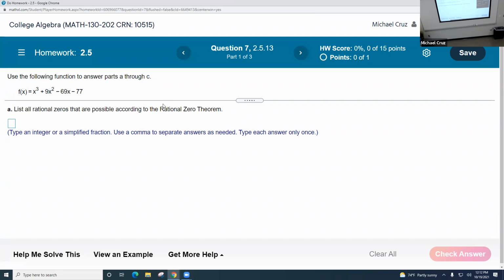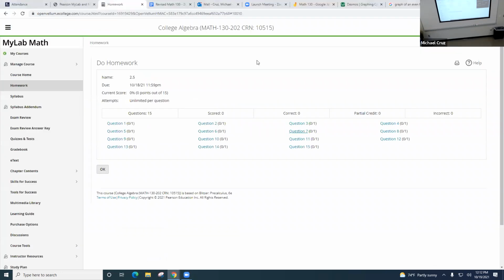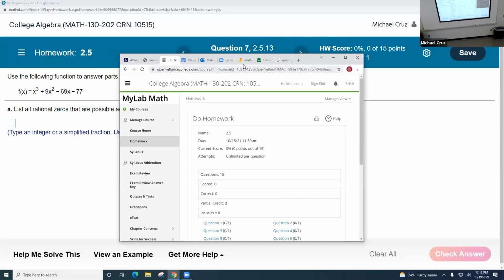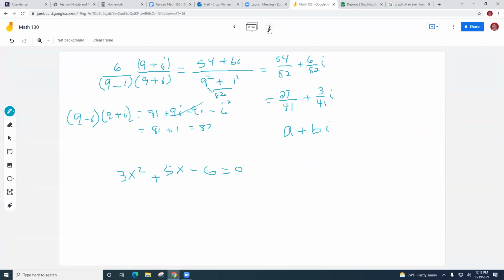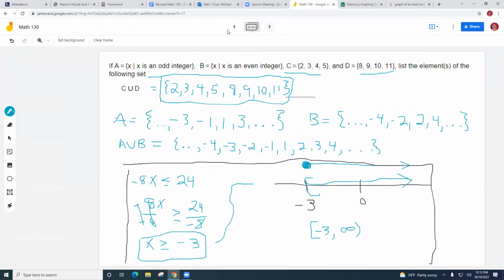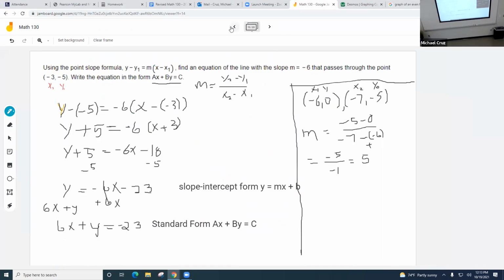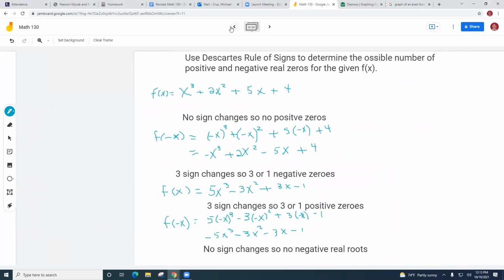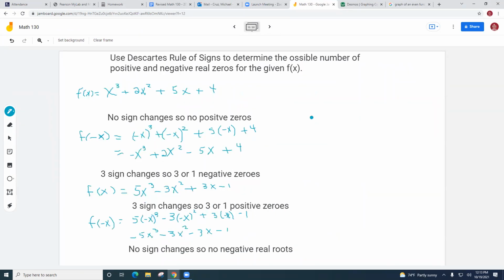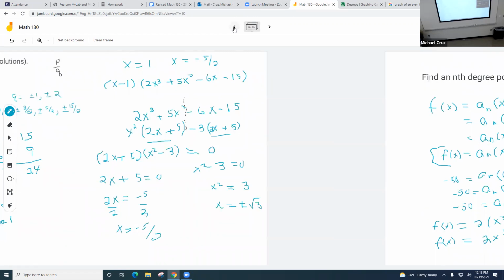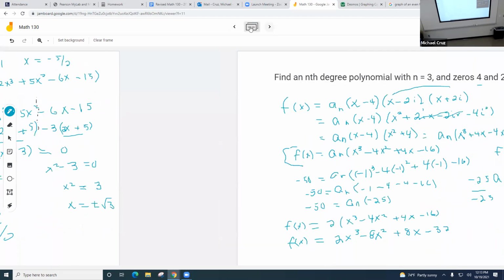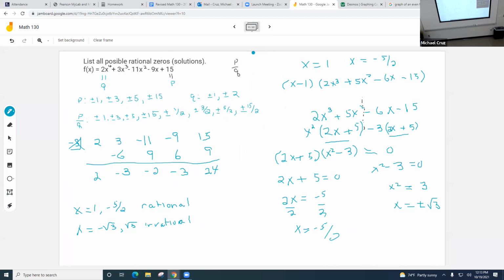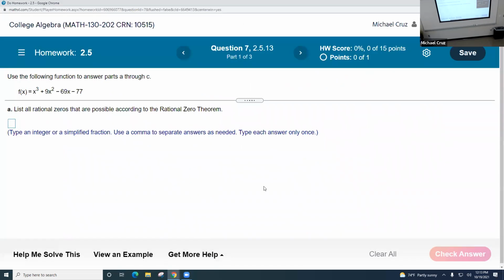Okay, so we want to list all the possible zeros. So that's the thing where, remember, we're doing this here. Wait a minute, where was it at? That's why I didn't want to erase this earlier. See this? Oh, that wasn't that one either. It's where we're doing the list all, what did it say? List all possible. So what we got to do is, and I'll just put it in a nutshell.